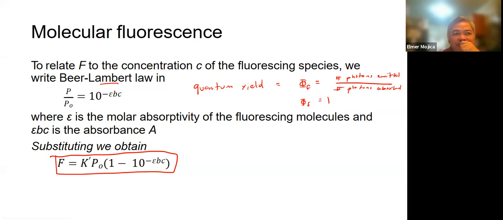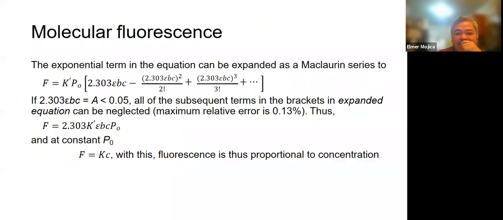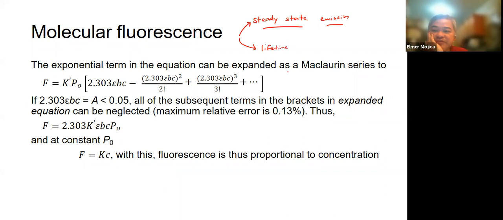There are many more portions of molecular fluorescence. But the one that we cover here is just what we call the steady state. So when we're talking about the steady state, we're just looking at the emission, okay? Because in addition to fluorescence, you can also have this instrument called the lifetime. And the lifetime could provide you more information on the nature of your sample.